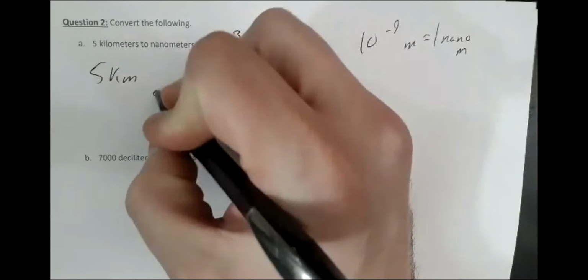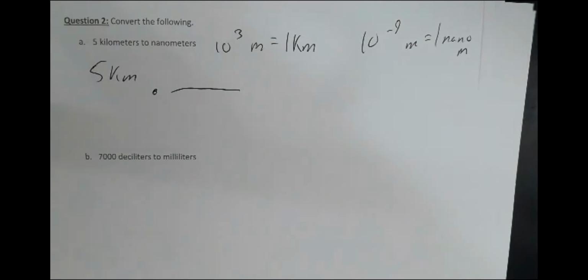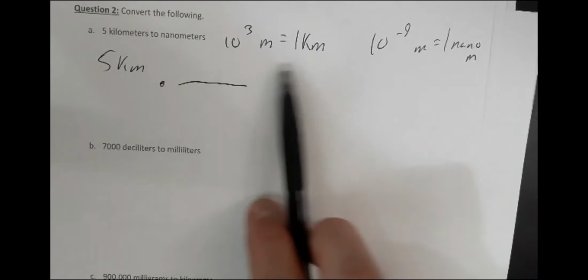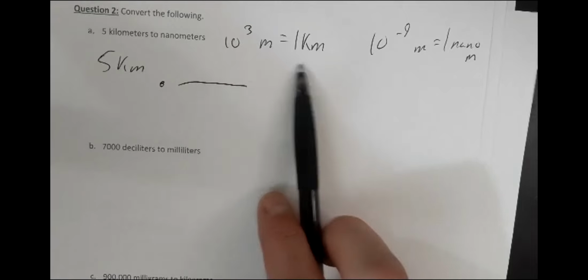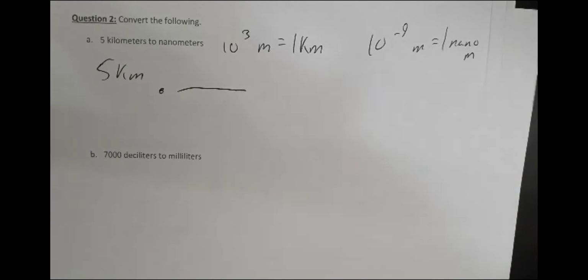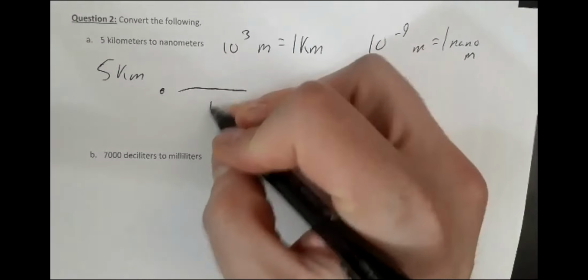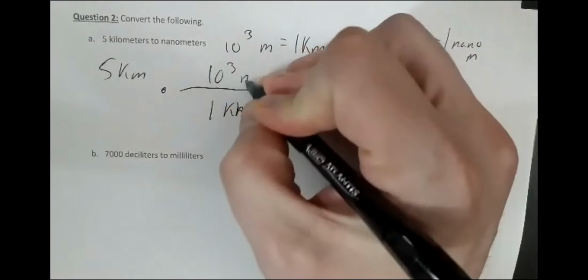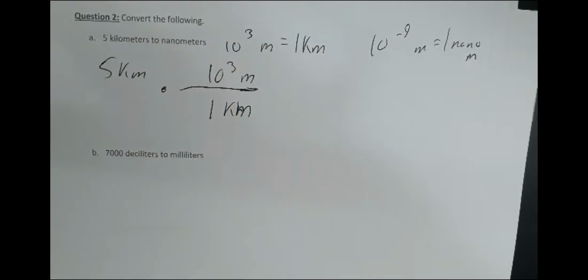So if I start with 5 kilometers, the first thing I want to get rid of is kilometers. I only have this thing right here. So if I want to use this thing, 1 kilometer, I'm going to put that on bottom. And I'm going to put 10 to the 3rd meters up top. And so this is going to go from kilometers to meters.